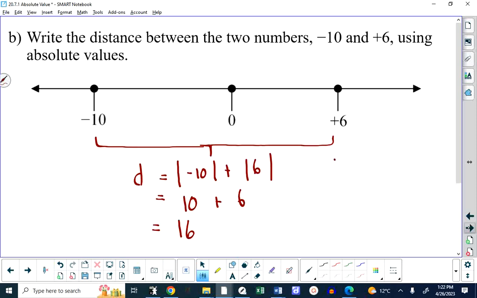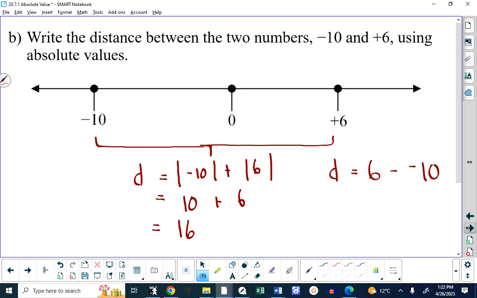Let's take 6 minus negative 10. And before you answer yes or no, I mean the answer is yes, obviously. I hope you understand what we're doing here is if you want to know how far it is from point A to B, you can take where B is and subtract where A is, and you get that answer, right? So do you agree that this gives you 16?